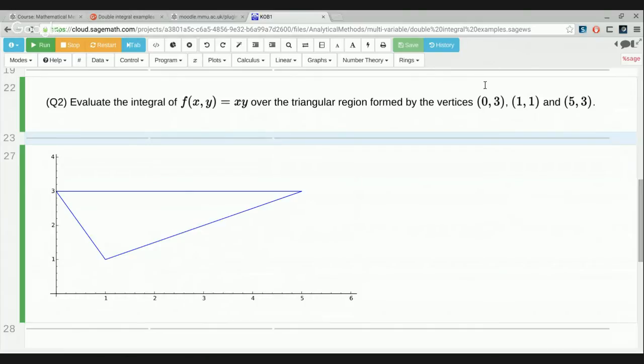You're told the triangle has vertices (0, 3), (1, 1), and (5, 3). So that's a plot of how the triangle looks. Then you have to think about how you'd plot this out. You need to get descriptions of those boundary curves, the precise equations defining these.